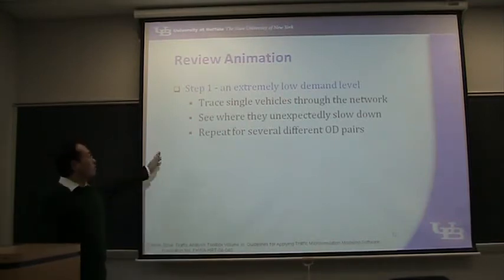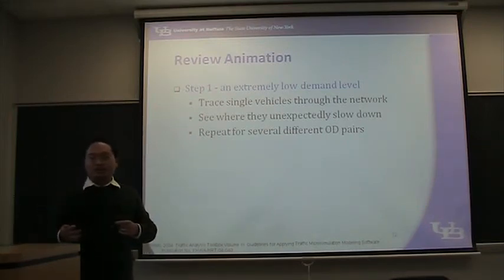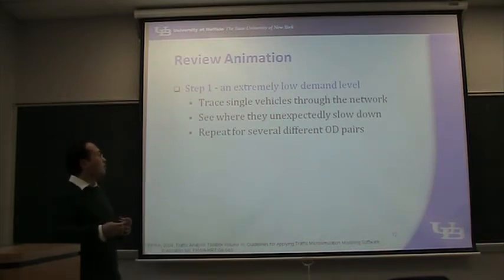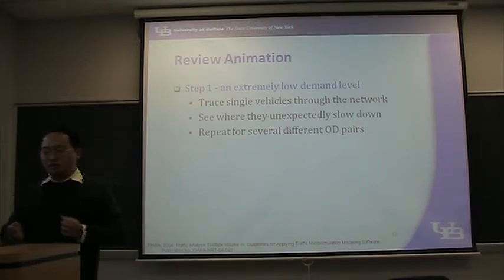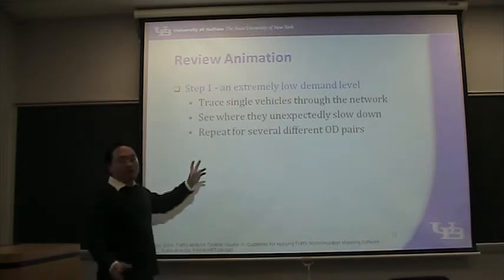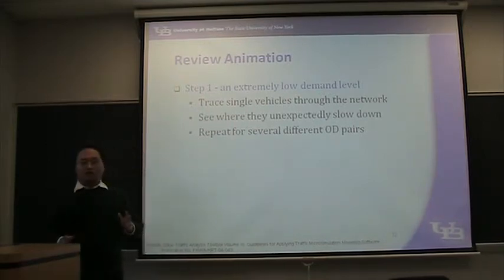The reason for doing that is because when you run your demand at a low level, you save a lot of running time, right? You save a lot of simulation time. And your simulator doesn't have to do that much calculation. Another reason is when the demand level is very low, you don't expect any congestion.